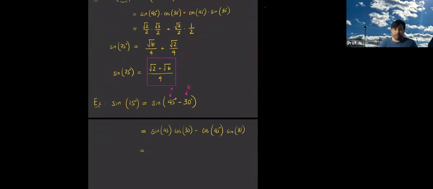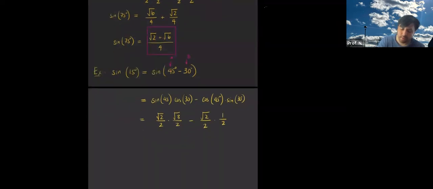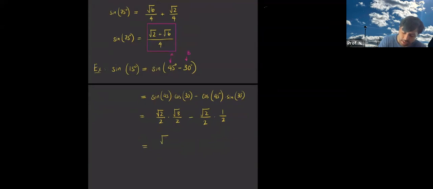What is sine of 45? Rad 2 over 2. What's cosine of 30? It's the same thing, rad 3 over 2. Cosine of 45 degrees is rad 2 over 2. Sine of 30 degrees is 1/2. And so then I get rad 6 over 4 minus rad 2 over 4.